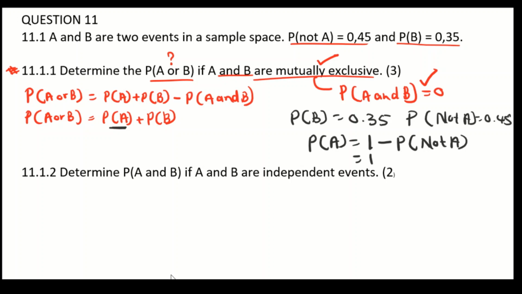Then you're going to say 1 minus 0.45, right? And then your calculator should give you 0.55. So meaning that the probability of A is equal to 0.55.